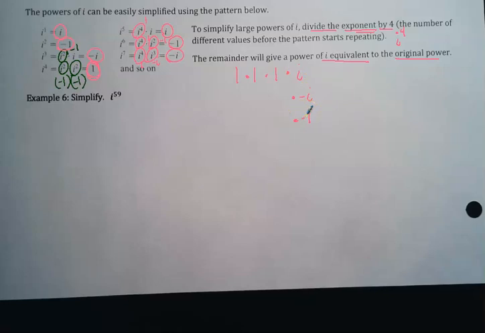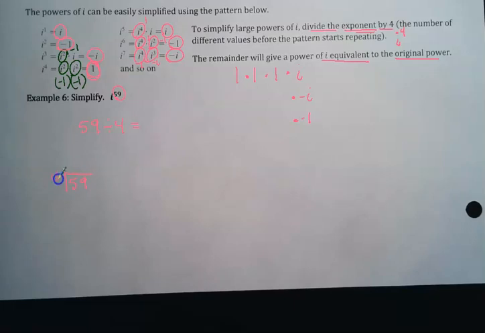So let's do this here on example 6. We're going to simplify i to the 59th power. All right, so we're going to take the exponent, 59, and we're going to divide it by 4. What's 59 divided by 4? Or you could do it out this way, right?